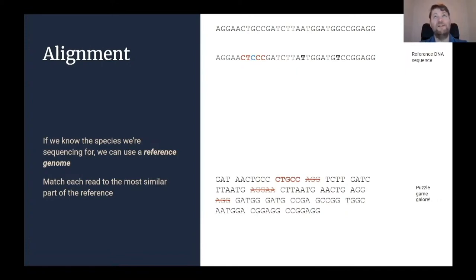We can't match exactly, but we can use a Levenshtein distance, or the fewest mutations that we need to make to get it there, and use that as a ranking. And that's essentially what the alignment tries to do. It tries to match these things together, either to a reference genome or aligning these fragments to each other.